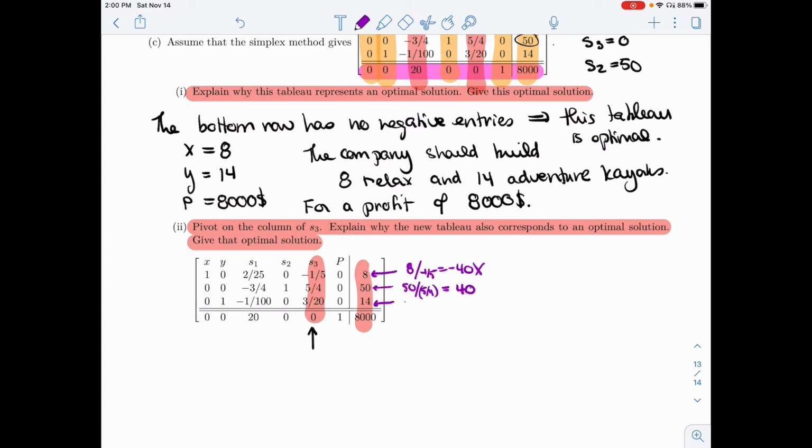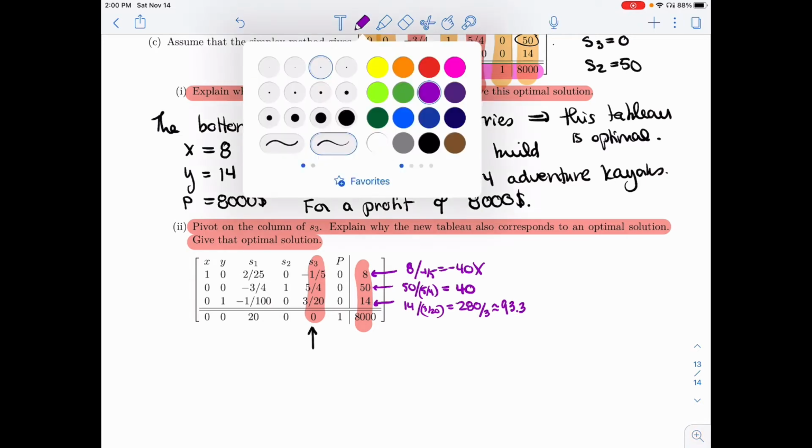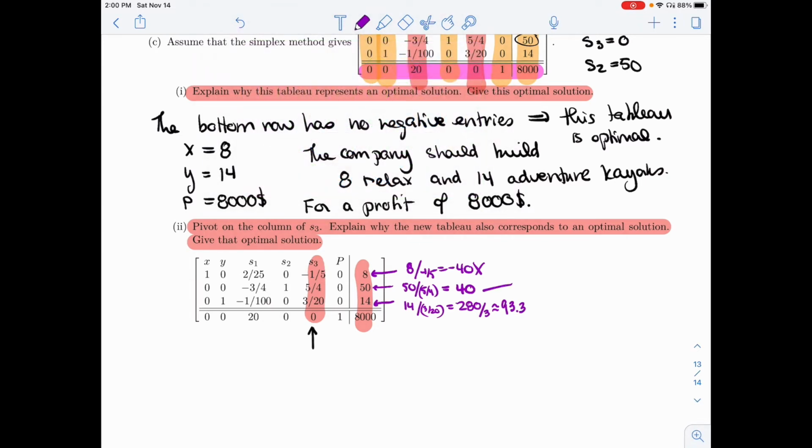And then the final one is 14 divided by 3 over 20. That's 280 divided by 3. How much is that? 93. All right, so this is the smallest, and so that's the one on which we'll pivot.